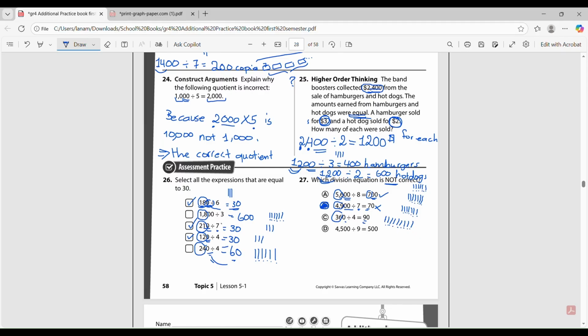I have 1 zero here and 1 zero here, so the answer is correct. But it's not the answer of the question. Now, 4,500 divided by 9. 45 divided by 9: 9, 18, 27, 36, 45. 1, 2, 3, 4, 5. So this is 5. I have 2 zeros here and 2 zeros here, so this is correct. So the incorrect equation is B.